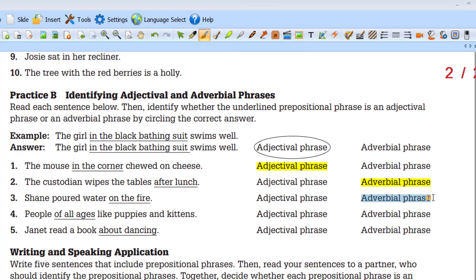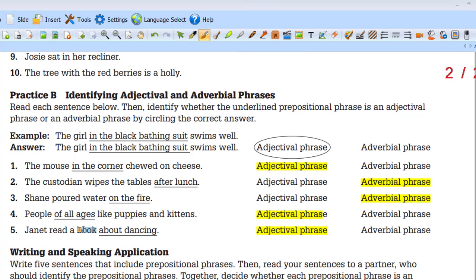The same thing here. Number four, if you study this sentence, you are going to discover it's an adjective. People of all ages. It talks about the people. It modifies them. Tells us something about the word people. The last sentence is also what? Adjectival phrase. Why?